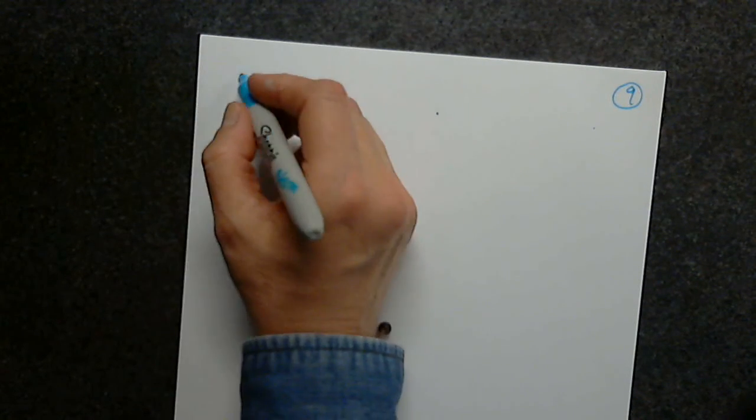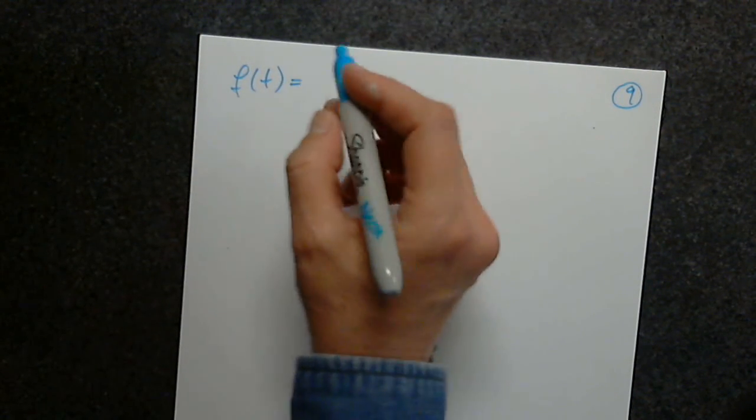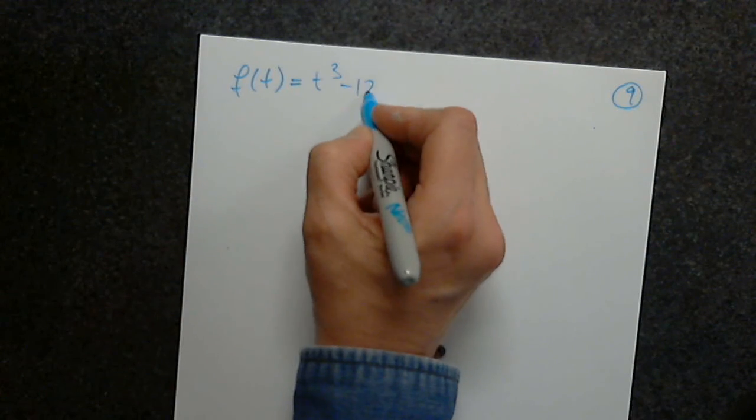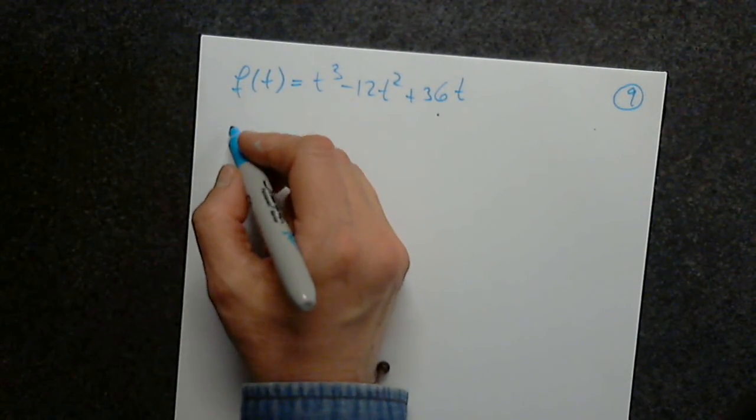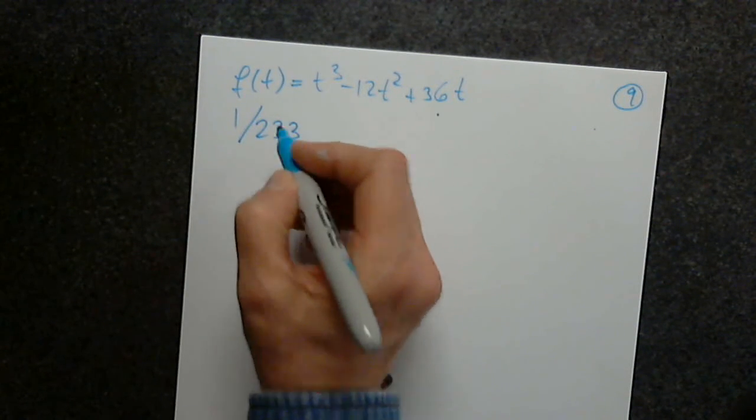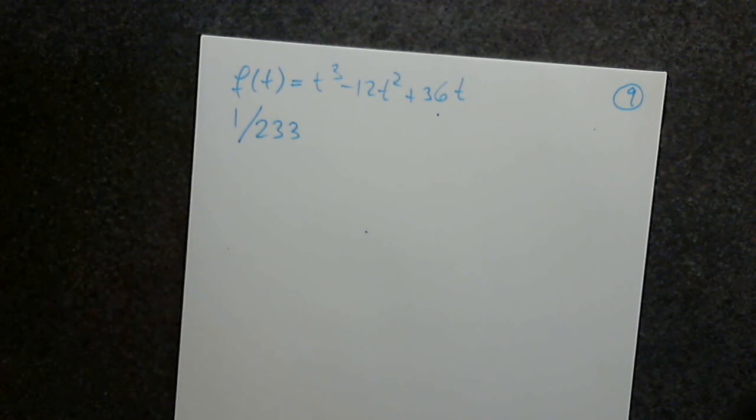So we have f of t equals t to the third minus 12t squared plus 36t, and this is problem 1 on page 233. Good. First question. Let me read it from the beginning. A particle moves according to the law of motion.